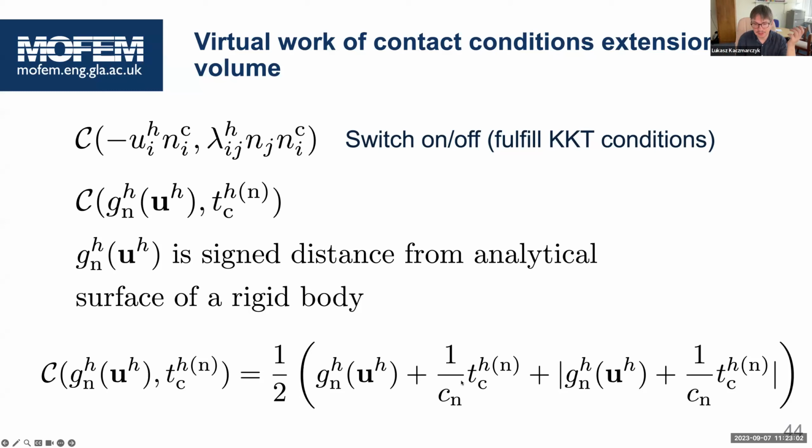When you have no contact, all the terms disappear, only TC will appear over here, and that function will yield that TC has to be equal to 0. So the traction has to disappear when you have no contact. But when you have interpenetration, that function will cancel all the terms with TC, and only the gap function will appear. It will tell that the gap has to be equal to 0. So you penalize the interpenetration. And this is how it works.